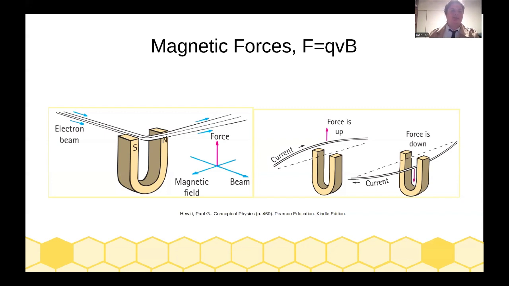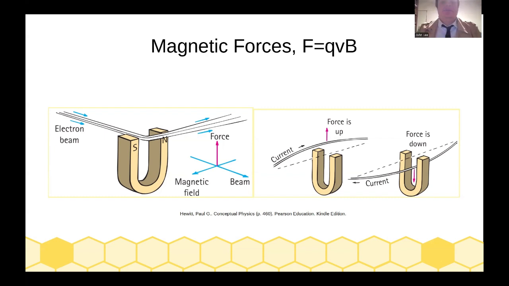And because the electron beam has negative current, because the current is pointing in the opposite direction of the beam, because the electron has a negative charge, when we point backwards and towards the left, we see that the force is going to push the electron beam up.